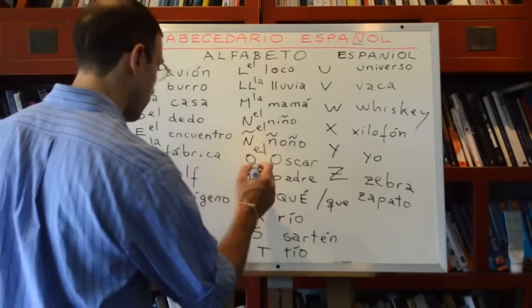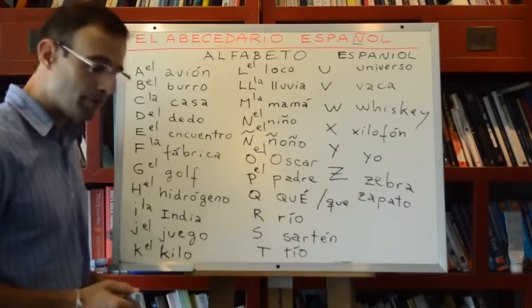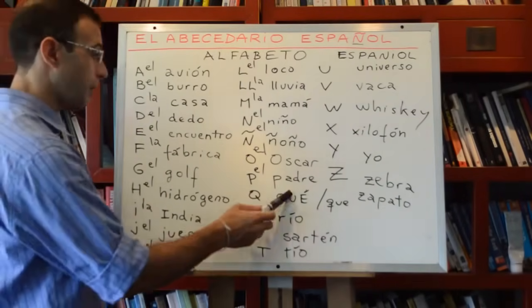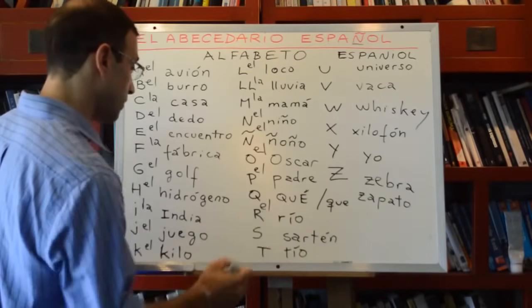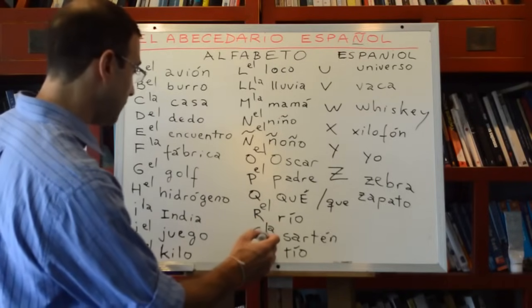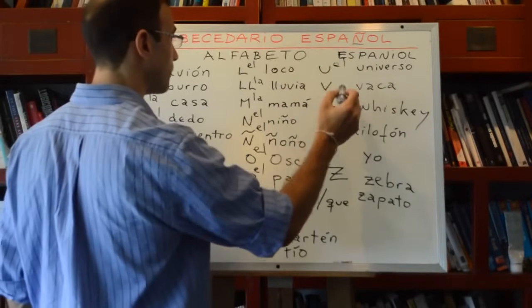El padre, for the father. Que is an adverb, so we cannot put an article here. El río, for the river. La sartén. El tío. El universo.